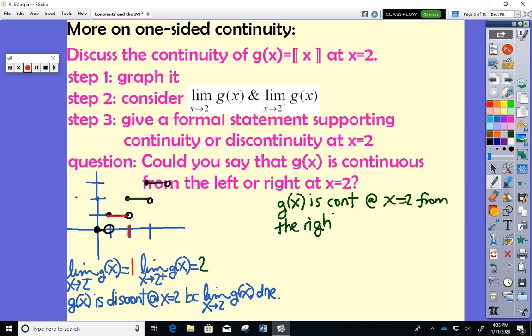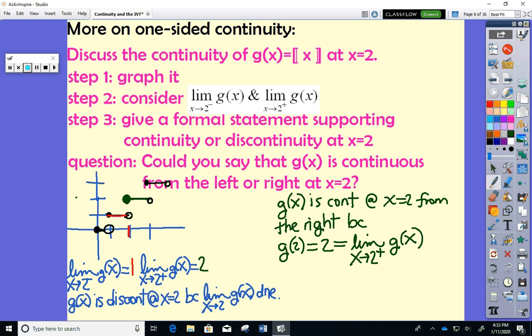Now, why would that be? We're going to go straight back to our definition. What is g of 2? Well, g of 2 I see right here on this left end of that step. g of 2 is 2. And that's equal to the limit as x goes to 2 from the right-hand side of g of x.